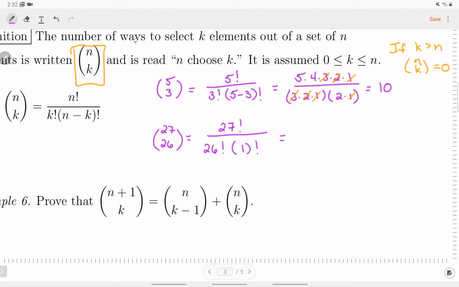Well, if I write out all my numbers, 27 times 26 times 25 times 24 and so on, and then write out all my numbers down here in the denominator, 26 times 25 times 24 times, everything has a matching partner to cancel except that 27 in the numerator, right? From the 26 on down, every single number has a matching partner, denominator and numerator. So apparently there are 27 different ways to choose 26 things out of 27 things.